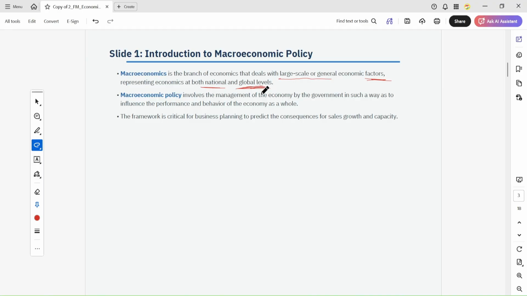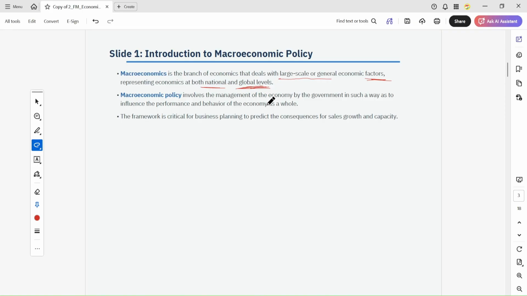What is macroeconomic policy? Macroeconomic policy involves management of the economy by the government in such a way as to influence the performance and behavior of the economy as a whole.